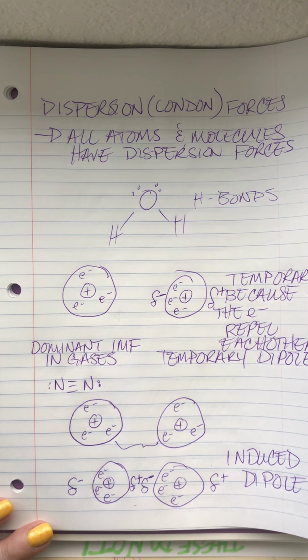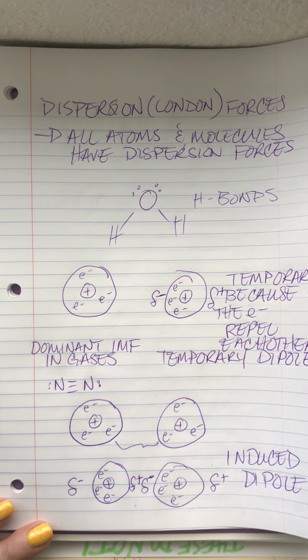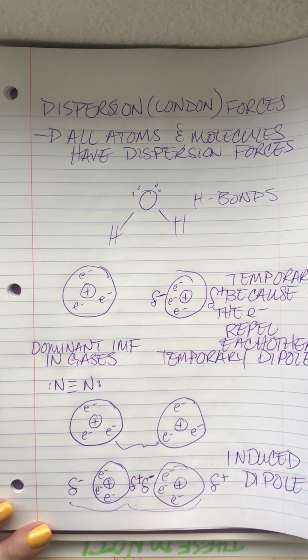So liquid nitrogen can only occur under tremendously high pressures. The reason for that is because at high pressures, you get these kinds of induced dipoles.